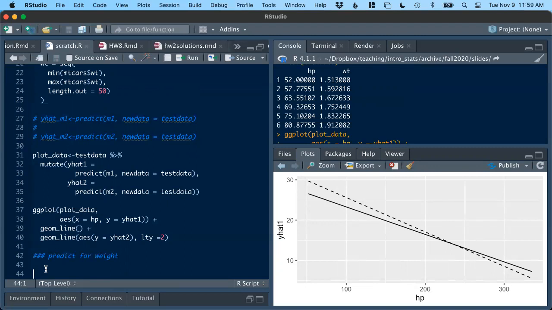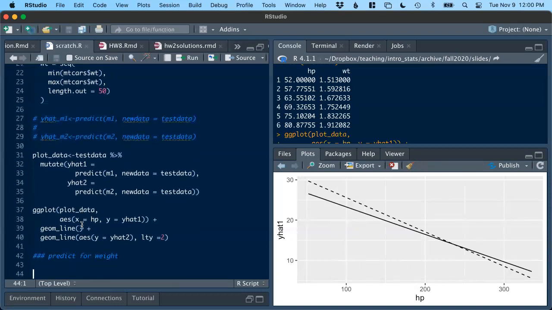It doesn't matter what value weight takes on because horsepower is constant for model 1. Model 1 does not consider weight. So if horsepower stays the same, it doesn't care. It's going to predict the same value of miles per gallon for every possible value of weight. So we're just going to get a flat line there. We could work through that, but it's not that interesting.